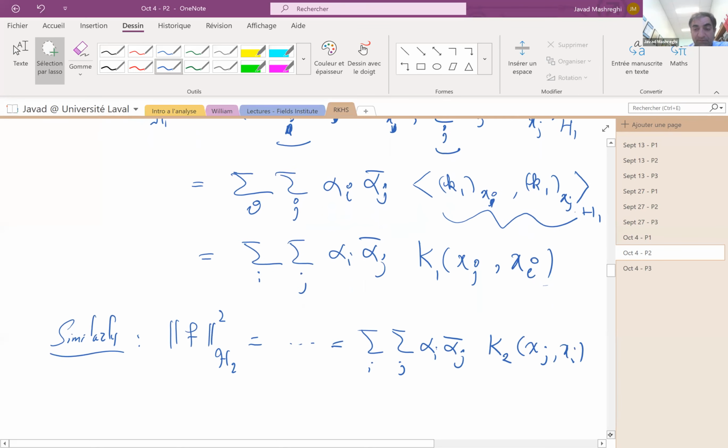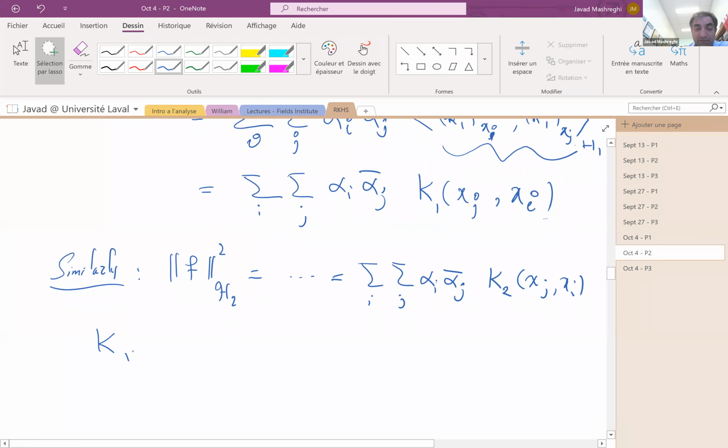Again, by using the fact that k1 equals k2 equals k, immediately I conclude that the norm of f in H1 is equal to the norm of f in H2.